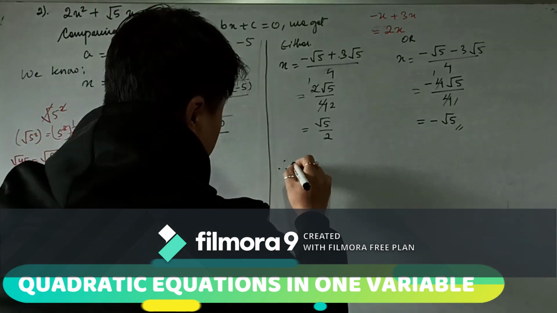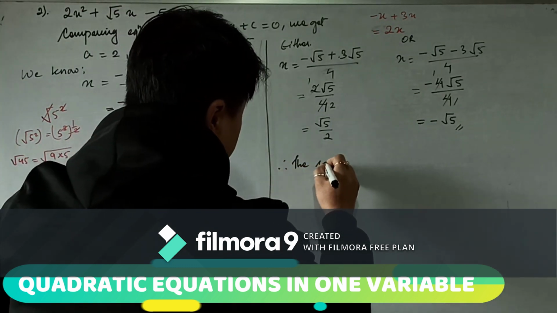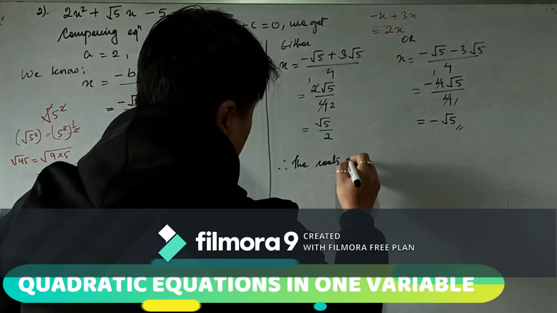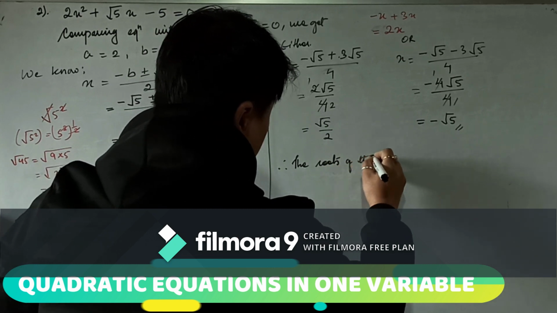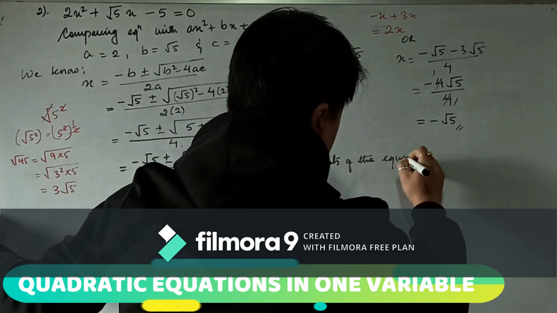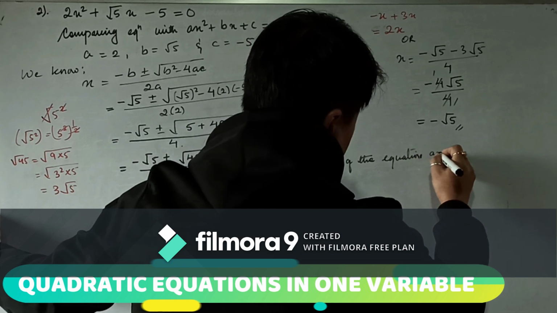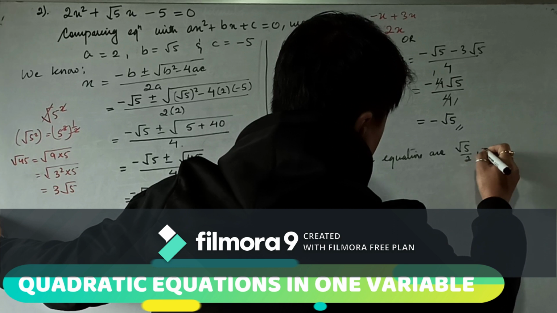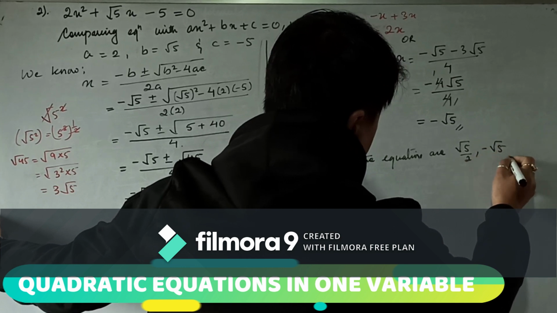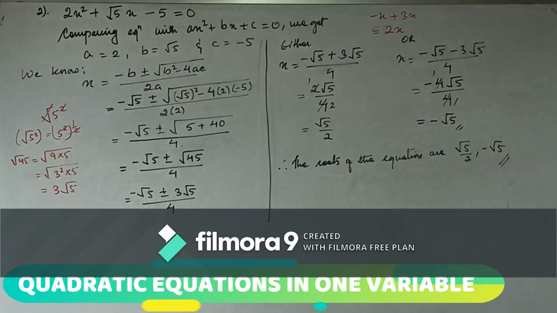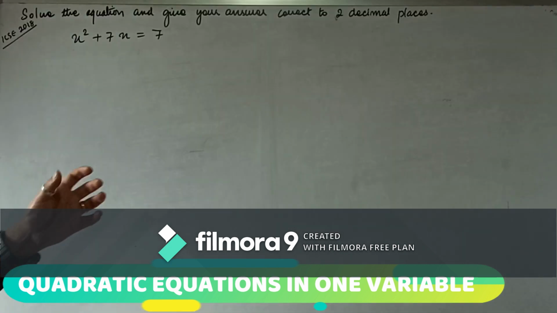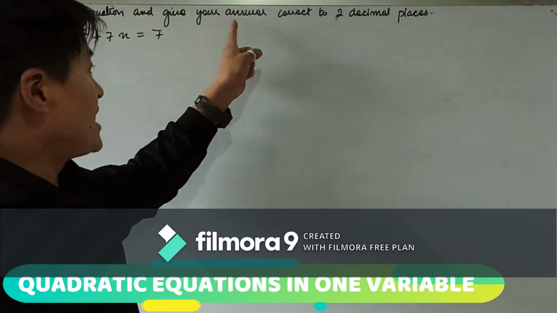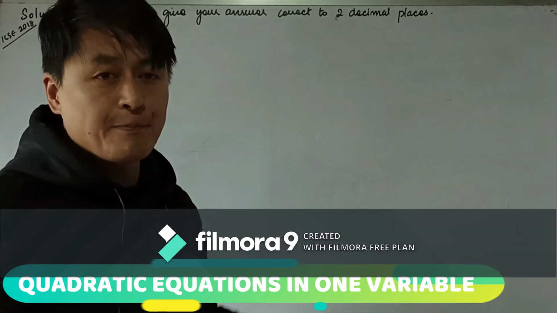Then we write therefore the roots of the equation are root under 5 by 2 comma minus root under 5. This is the roots of the quadratic equation. Here you can see that you have to write the answer correct to 2 decimal places.